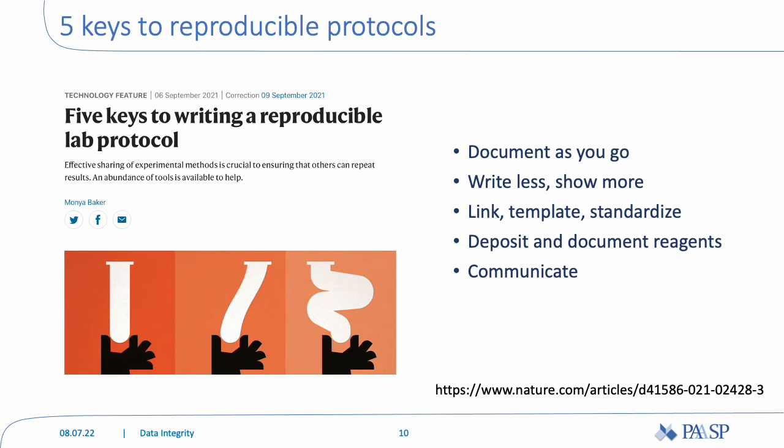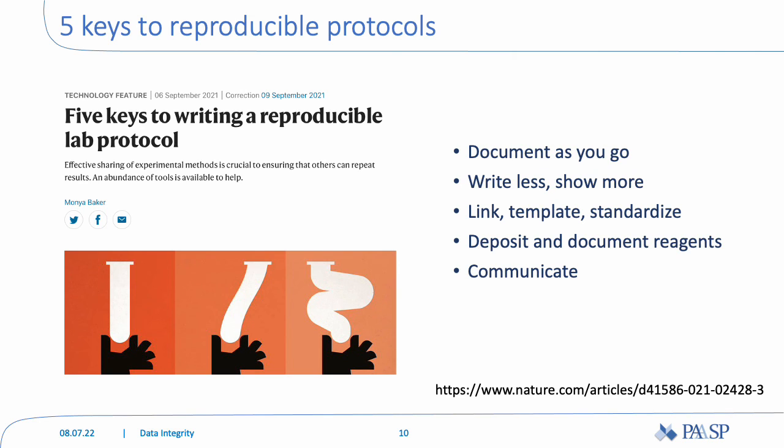This publication by Monya Baker describes 5 key aspects to write reproducible protocols and summarizes also some of the aspects that we talked about already. Document as you go, meaning do not wait until you want to publish your data or write your thesis to document your experiments, but think from the beginning about what is needed and document along your work.